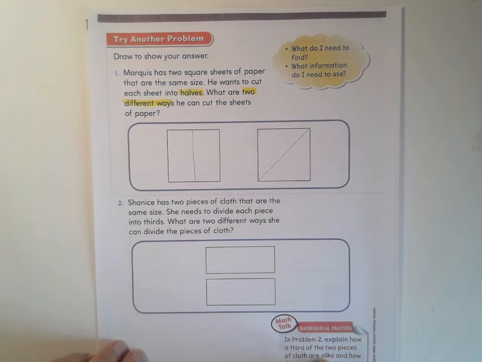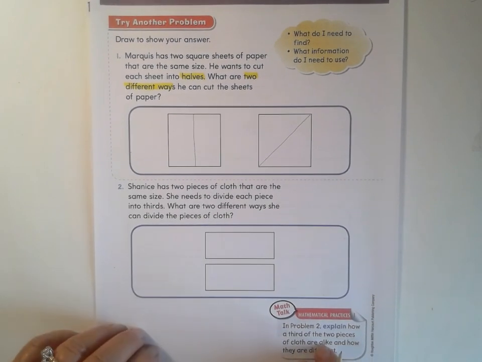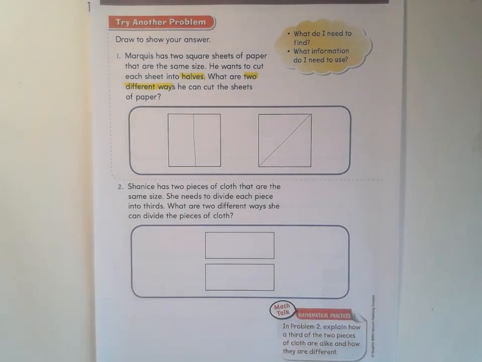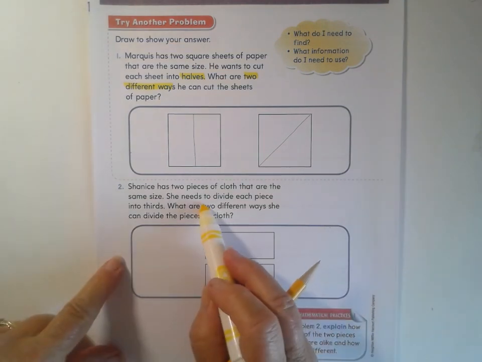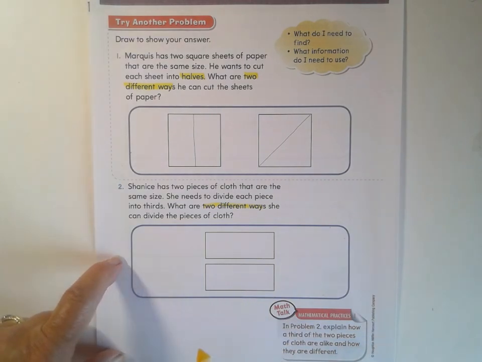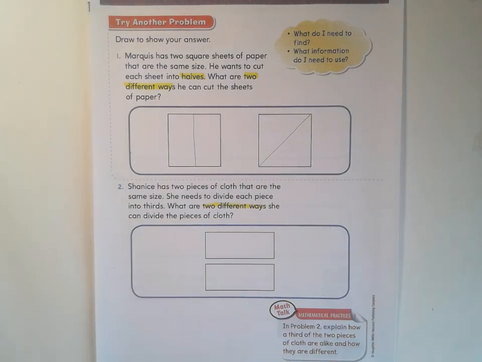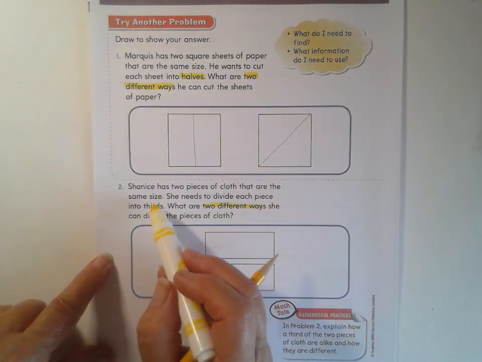Shanice has two pieces of cloth that are the same size. She needs to divide each piece into thirds. What are two different ways she can divide the pieces of cloth? So again, what do I need to find? I need to have two different ways it can be divided. And I need to divide each piece into thirds.